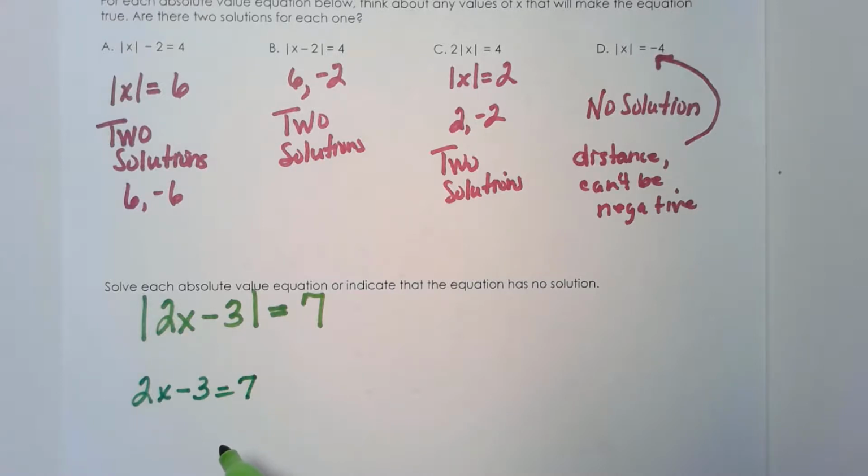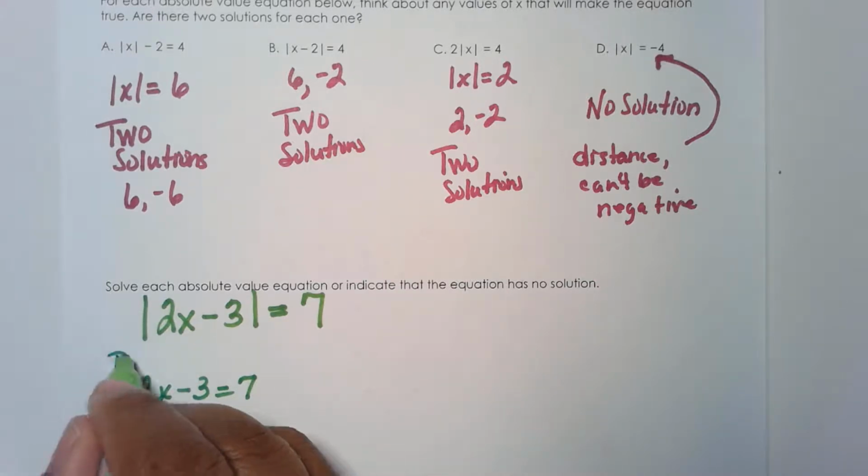So it says here, take what is in the absolute value symbol and make it equal to the number on the other side of the equal sign, and also take that same inside part and set it equal to the opposite of the number on the other side of the equal sign.